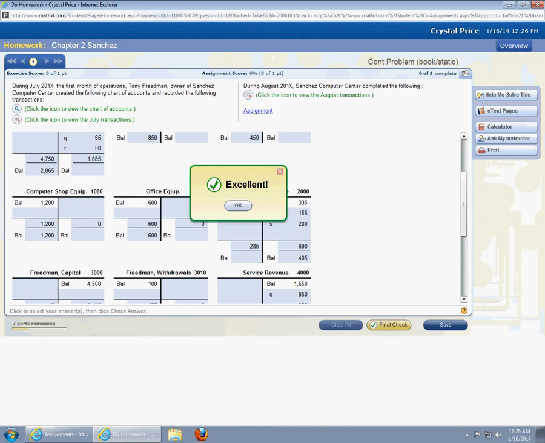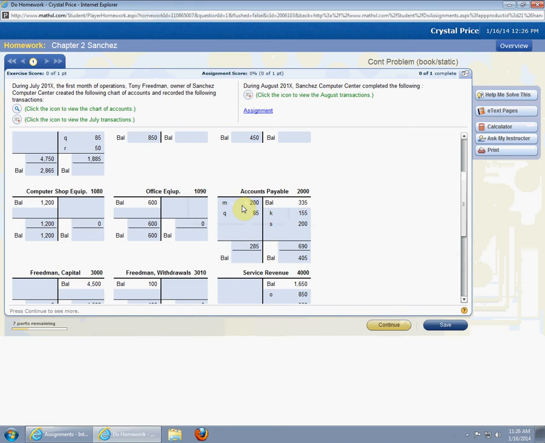Mine's giving me a problem. Well, after so many times, it will tell you the answer and you can move on. Carefully review your posting. I mean, it showed that she put zeros down, but then it showed that it didn't.